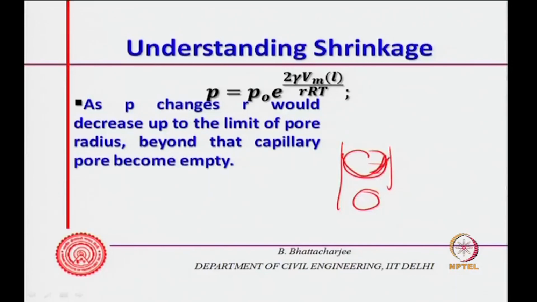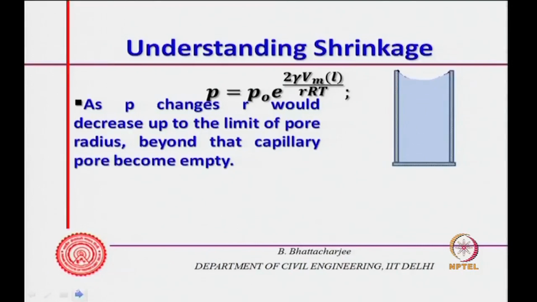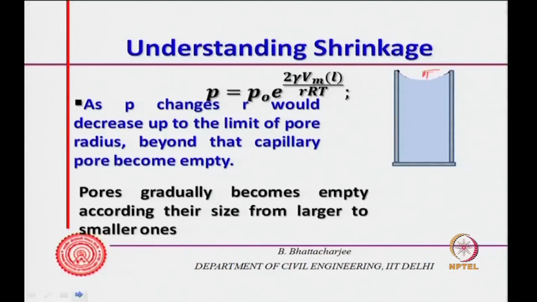The maximum curvature would limit to r equal to the radius of the capillary tube itself. So, in a capillary tube, the radius would simply be equal to r. Pores gradually become empty according to their size, from larger to smaller pores.